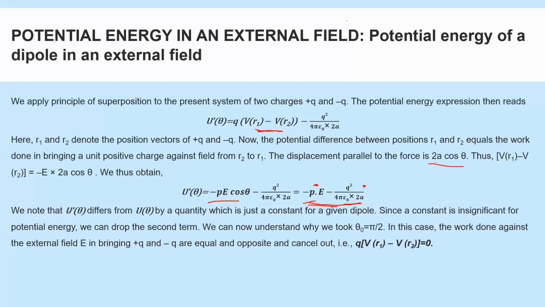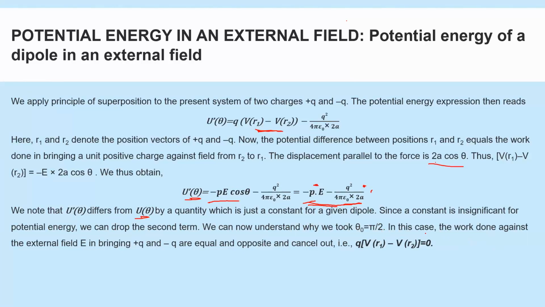Now you can see this U prime theta actually varies from U theta that we got before by a quantity which is just a constant for a given dipole. We consider the constant to be insignificant for potential energy, so we can drop the second term. You see that we took theta 0 equal to pi by 2.